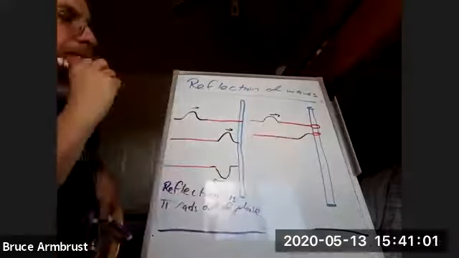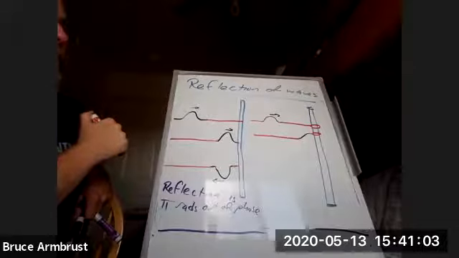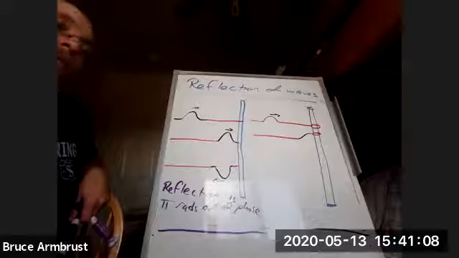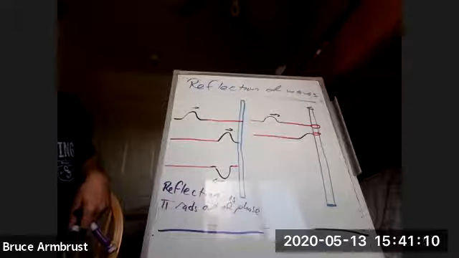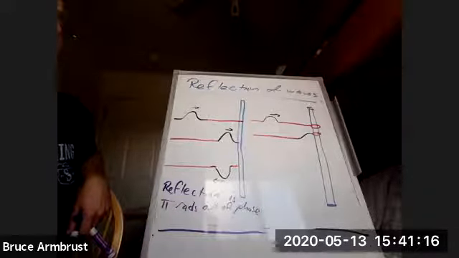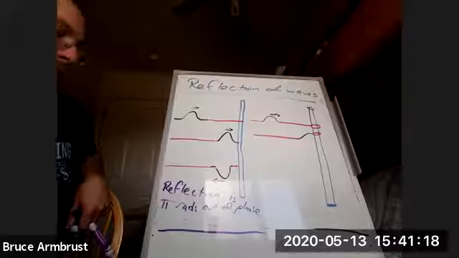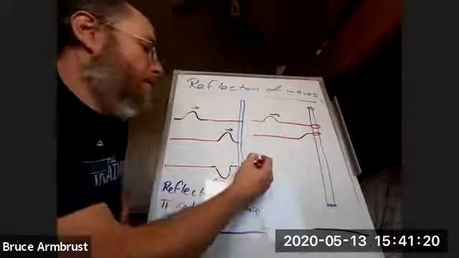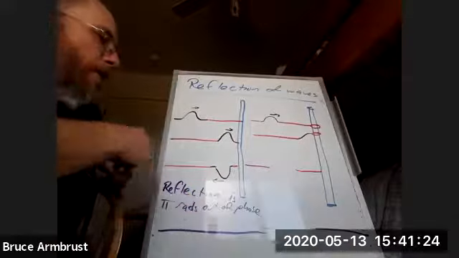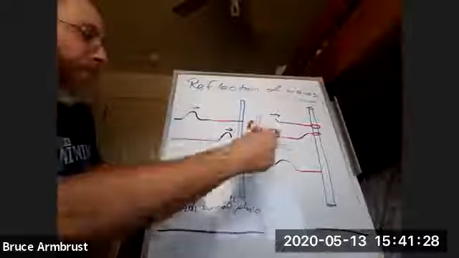All right, so we're going to be up like that. And now we don't have that post or that wall trying to pull the string down. Instead, the string is going to just pull itself back down once the wave passes. So now what we're going to see is that that wave is exactly in phase.